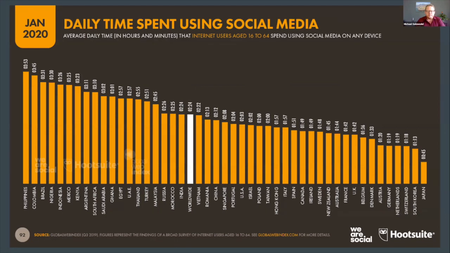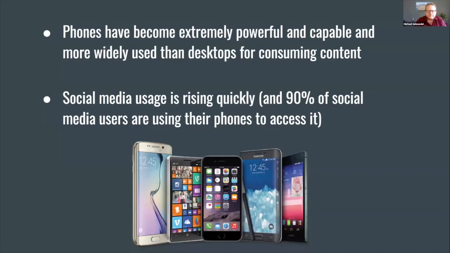So people everywhere are using their phones for many hours in the day to scroll through content, engage with their friends, engage with brands, consume news content. So it's really important that as news organizations, as journalists, we are producing content that appeals to those people who are using their phones to consume that kind of content.